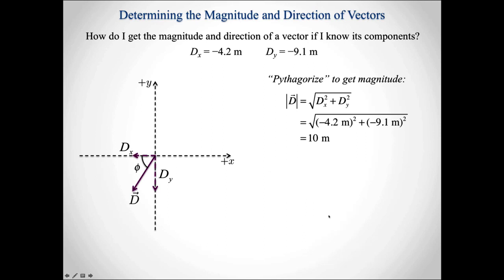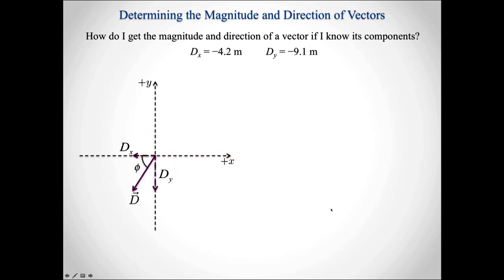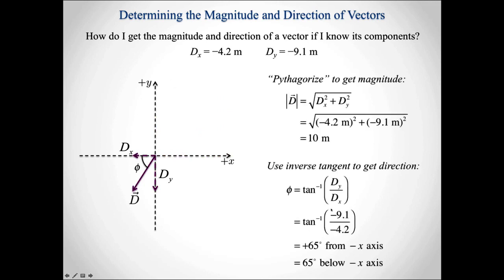One is relative to what axis. That's going to be just what component did you put in the bottom of your ratio for the inverse tangent. The second is, what's the sign of that component? Because the sign of that component is which side of that axis you actually need to start from.